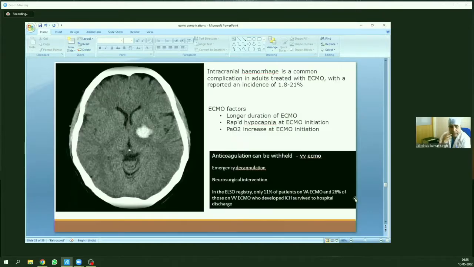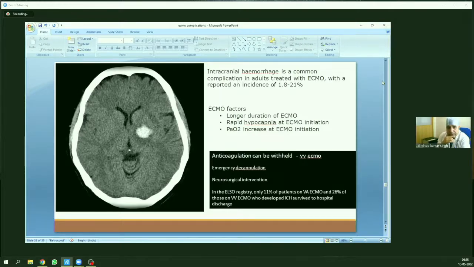If you look at this picture, you can see that the patient has got intracranial bleeding, and it is reported at 1.8 to 21% in different literature and different types of ECMO support, whether it is VA or VV ECMO. There are certain factors which are responsible, like a long duration of ECMO, or rapid hypocapnia.